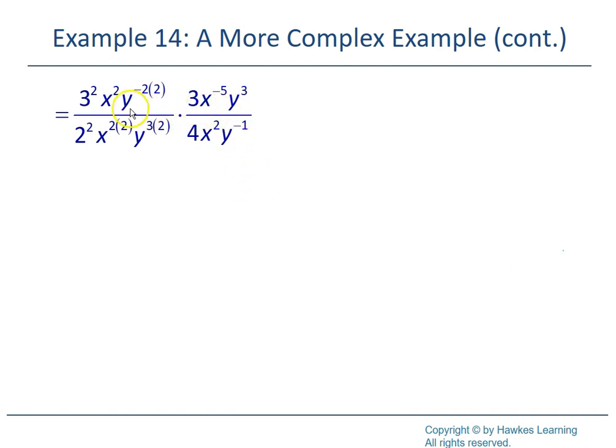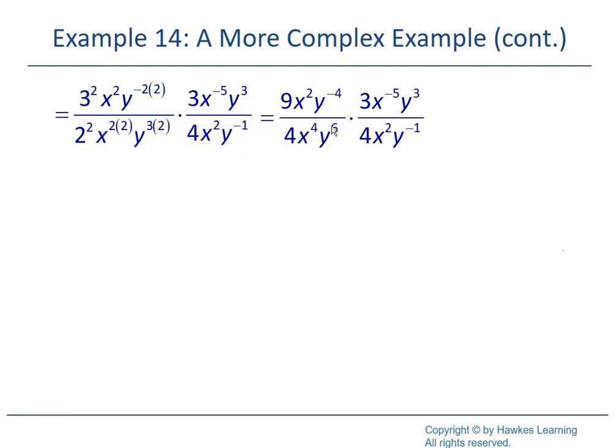So they're now getting rid of the parentheses up here by distributing that 2 in there, and then they are going to get 3 squared is 9. This is x squared already. This is a y to the negative 4. 2 squared is 4. X to the 4th, y to the 6th.